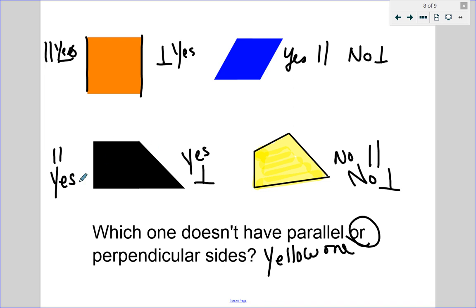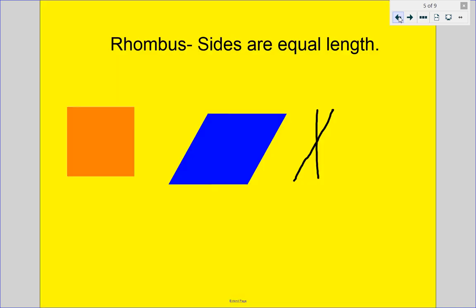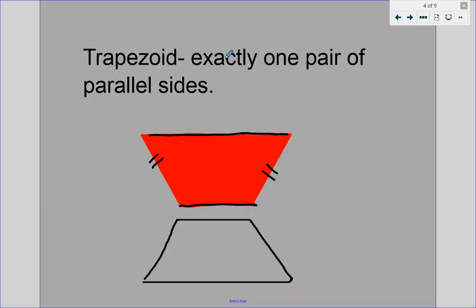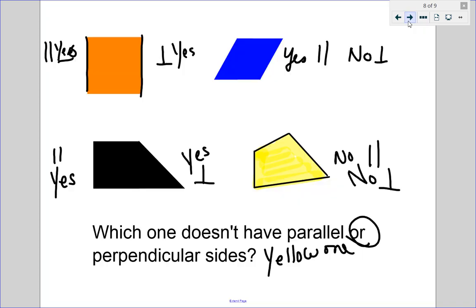And actually, this one, because it has one set of parallel lines, what do we call that? Let's go back and check. One set of parallel lines. Exactly one pair of parallel sides. Oh, well then we can call that one a trapezoid. Trapezoid.